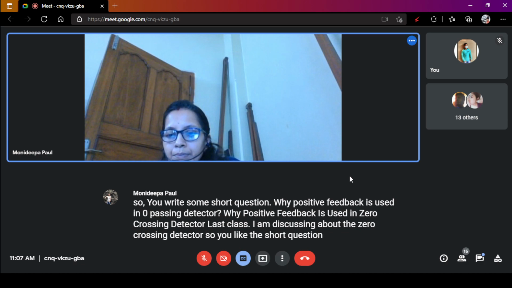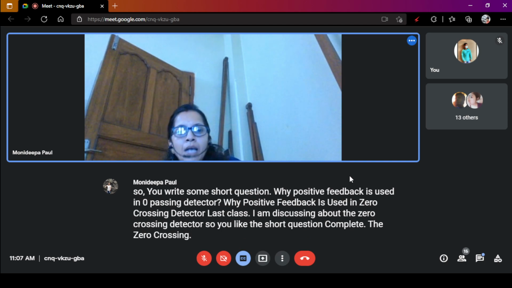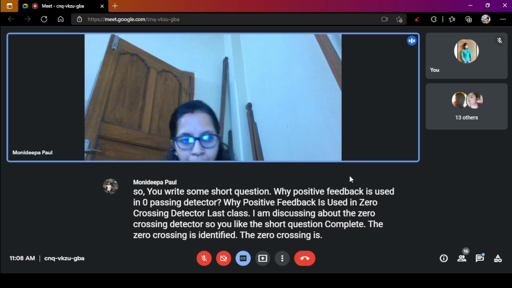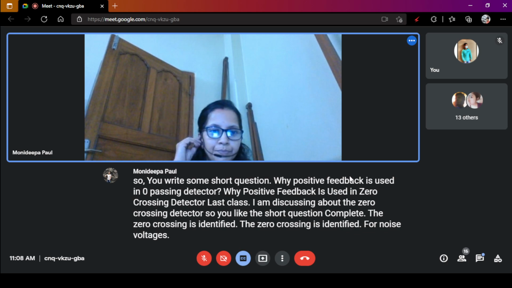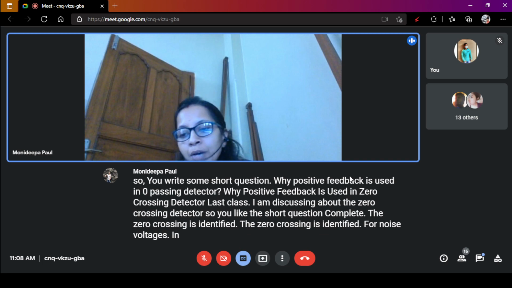The zero crossing is identified for noise voltages in addition to the V in.